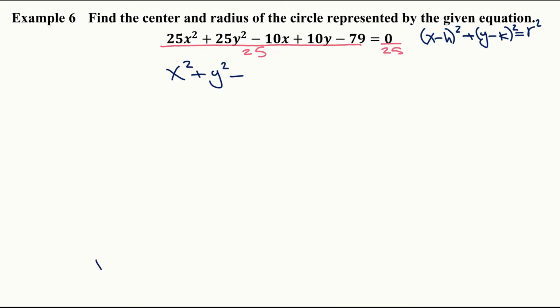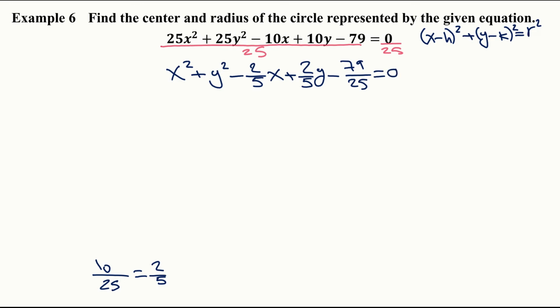It'll be easier if we actually simplify that. 10 over 25, that's the same as 2/5, right? 5 goes into 10 twice, 5 goes into 25 5 times. So minus 2/5 x, and then plus 10 over 25, we know that's 2/5 as well, y minus 79 over 25 equals 0.